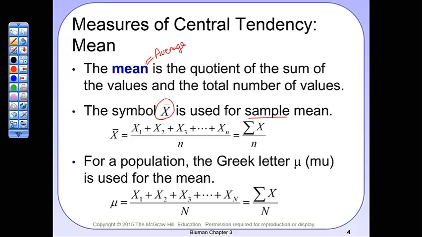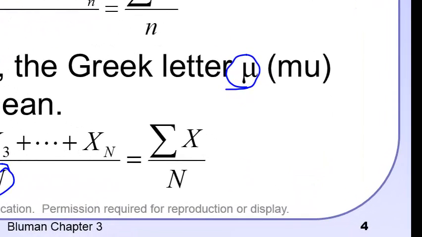And so we're going to add up all of our numbers and then divide by how many we have. For a sample, we use a lowercase n. That just shows that it came from a sample. Now for a population, we use the Greek letter mu. And we also use a capital N to show that the total number came from a population.